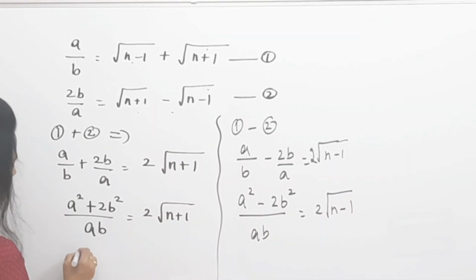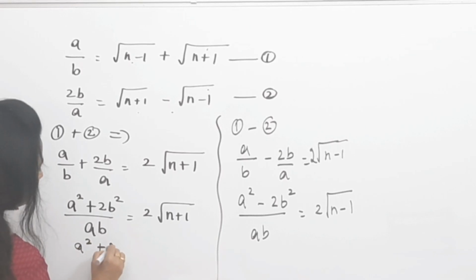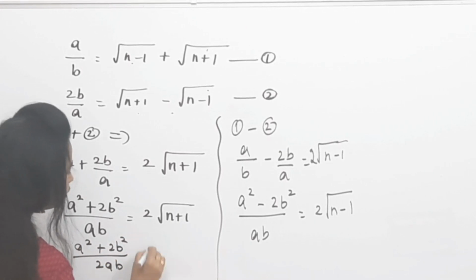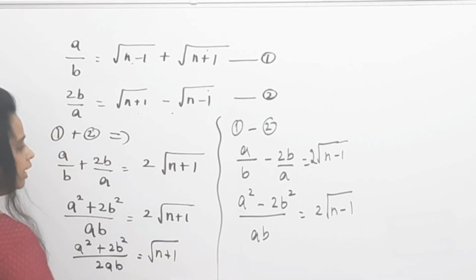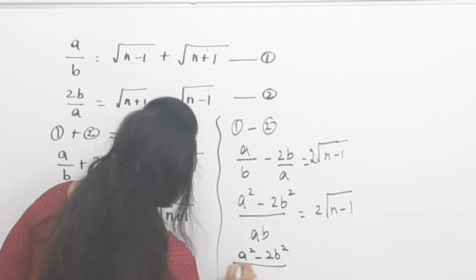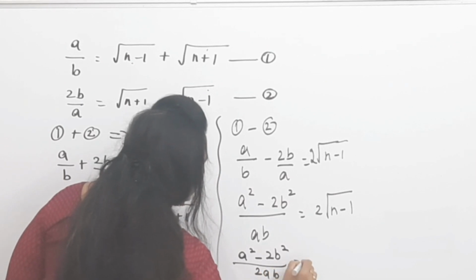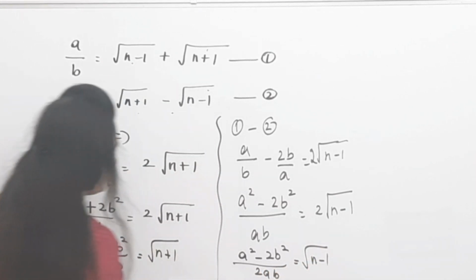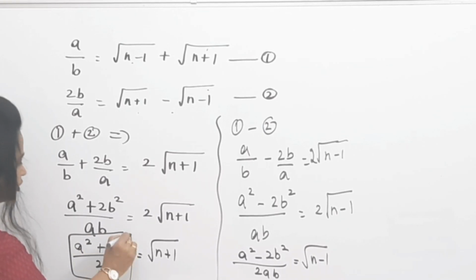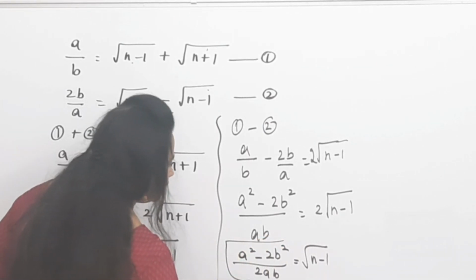Now children, a square plus 2b square divided by 2ab is equal to root of n plus 1, and here I am getting a square minus 2b square by 2ab is equal to root of n minus 1. Now this is an integer, this is an integer.